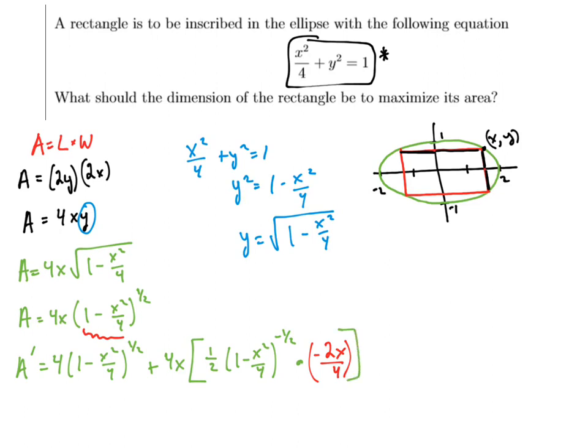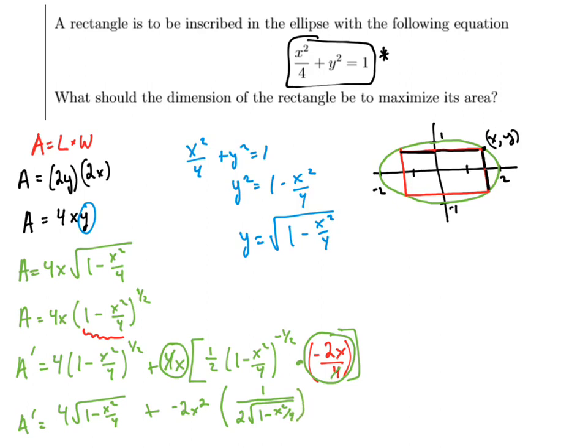Okay, so we need to do some simplification. A prime, I'm going to rewrite these rational exponents as radicals. So 4 square root 1 minus x squared over 4 plus, okay, well, this 4x is getting multiplied by negative 2x divided by 4, so those 4's will cancel. So I'm left with negative 2x times x is negative 2x squared times, and again I'm going to rewrite this with a radical, so 2 square root 1 minus x squared over 4 here.